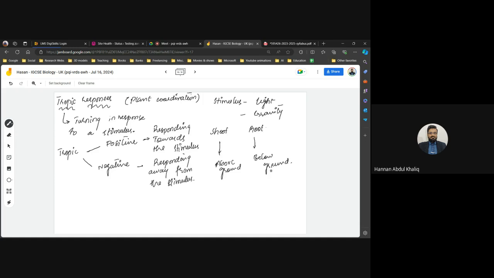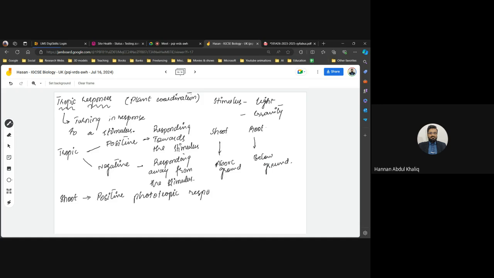Okay. Now, when we talk about the shoot, always remember that the shoot would always show a positive phototropic response.